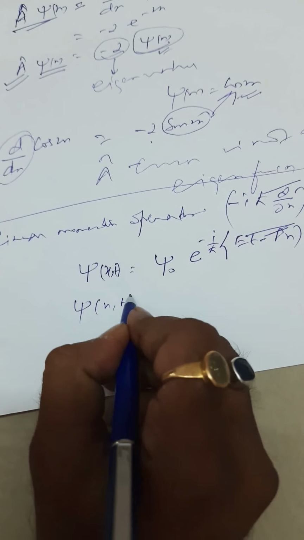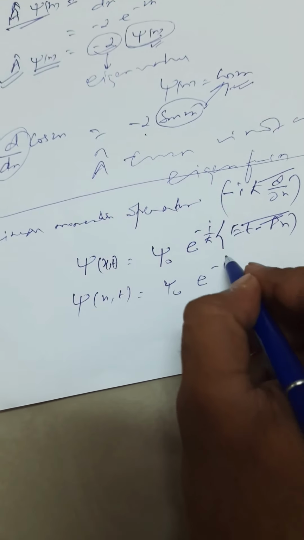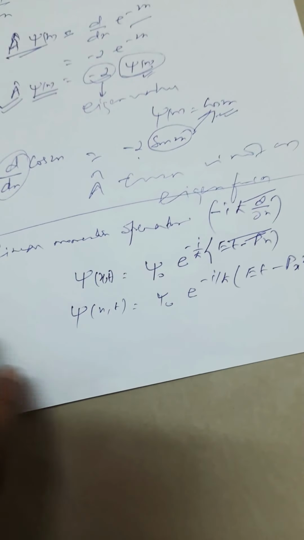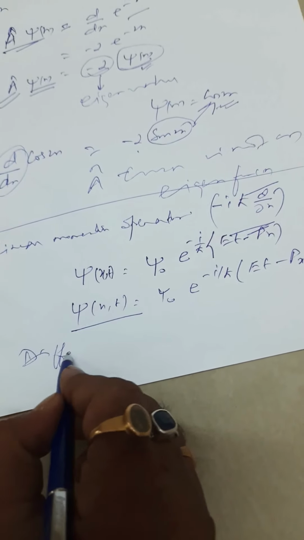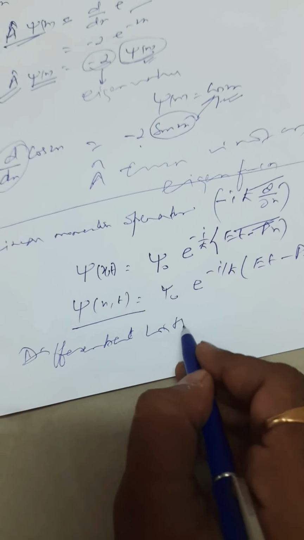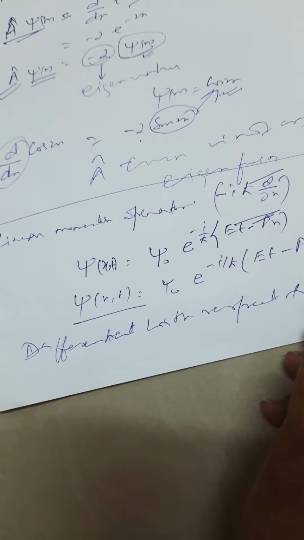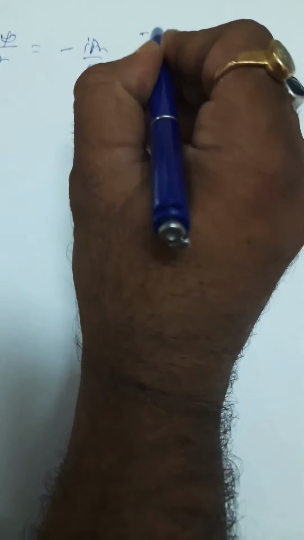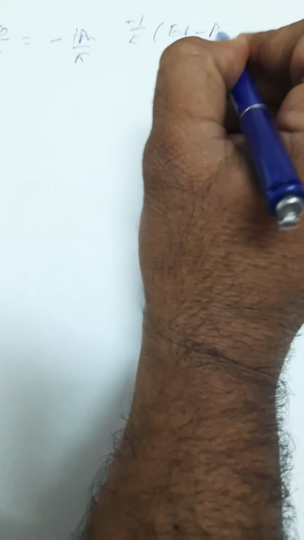If we differentiate with respect to x, we'll get del psi by del x equal to i p_x by h cross times psi naught e to the power minus i by h cross (Et minus p_x x).